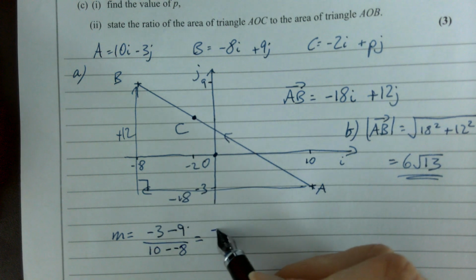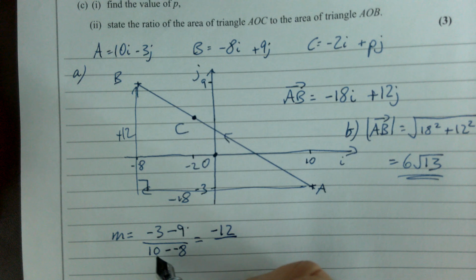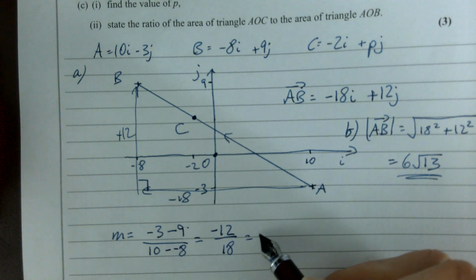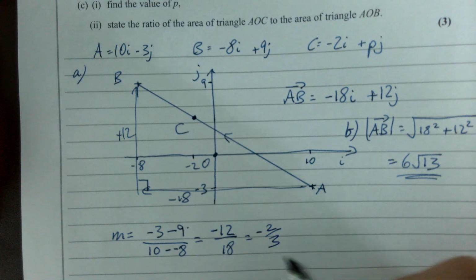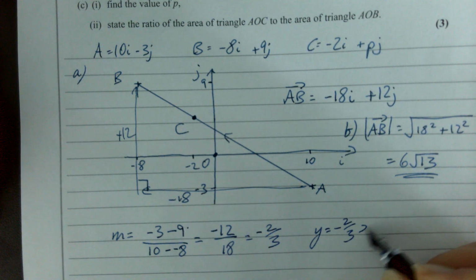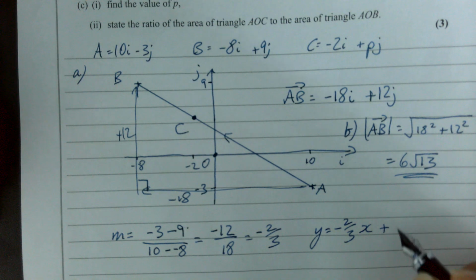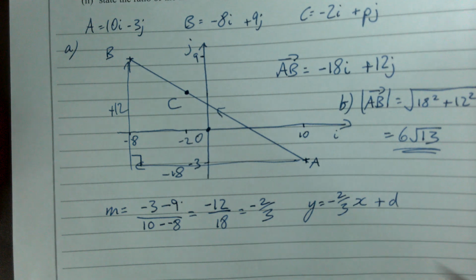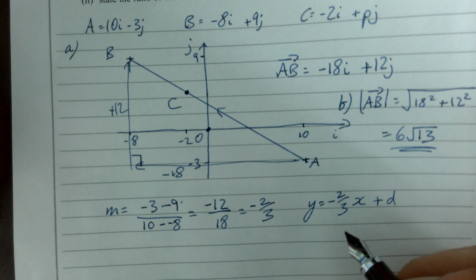So that's going to give me negative 12 on the top, and 18 on the bottom, which is minus 2/3. So we're talking y equals negative 2/3 x plus, we normally say c, I'm just going to put a d to not confuse myself with the C over there. Then we know 2 points, don't we?